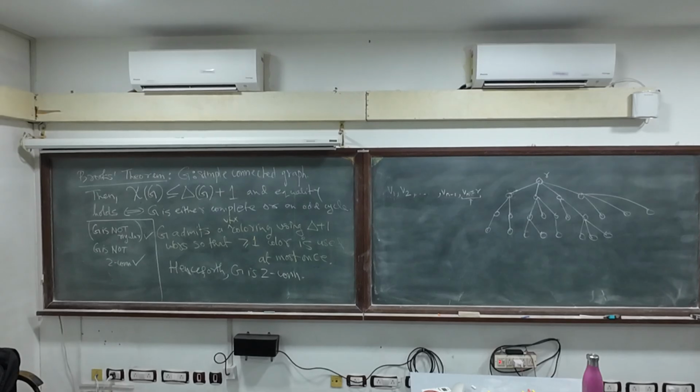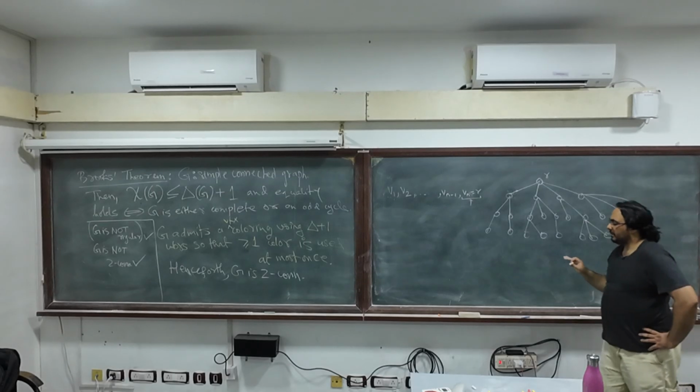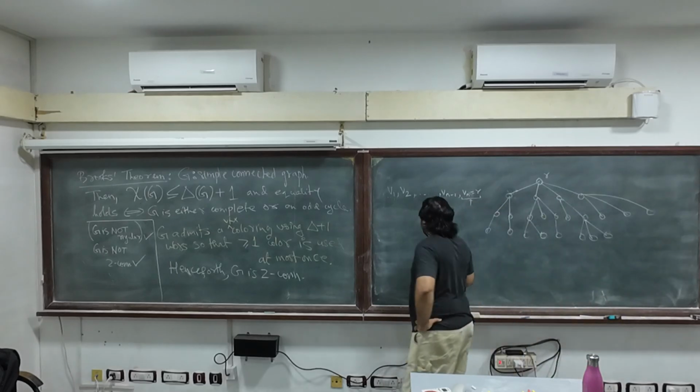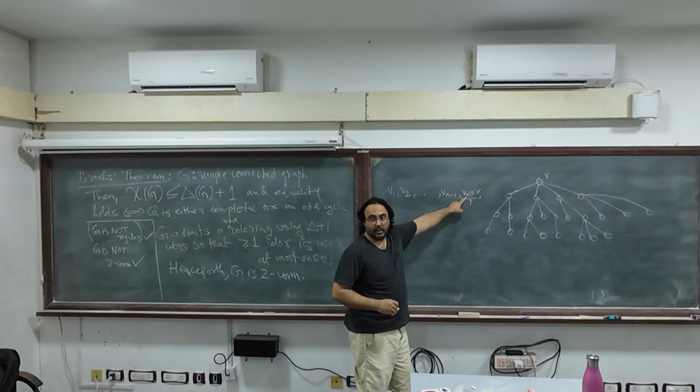If that we can guarantee, which of course we cannot guarantee in general, for odd cycles and complete graphs, then it would be nice. Then we could just use one of the delta colors for this vertex and be done. So it would be great if we could make sure that two of the neighbors of the root have the same color.